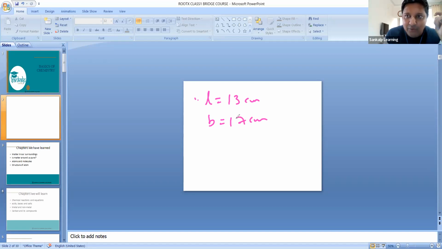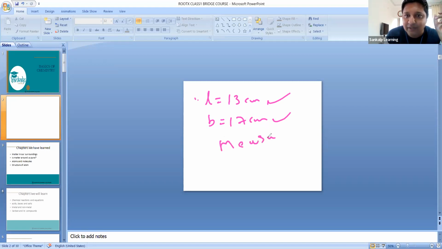So see, what did you do now? Actually, you were trying to measure the length and breadth of the paper sheet. You had a scale in your hand, so a measuring device was there with you.